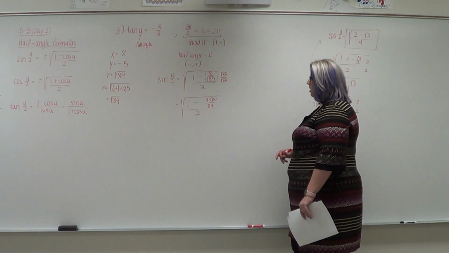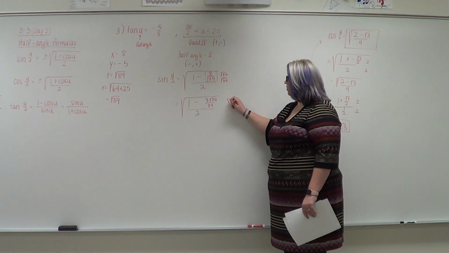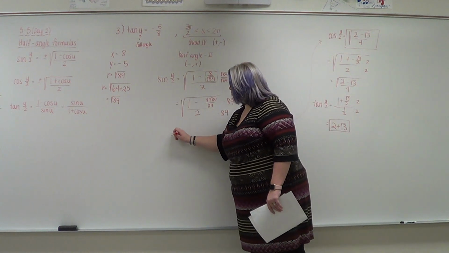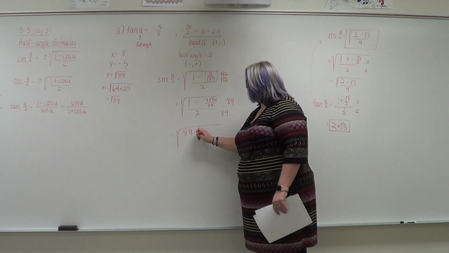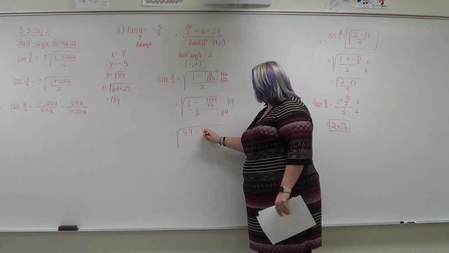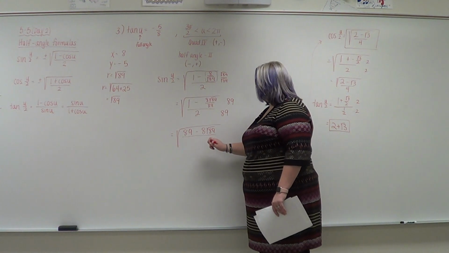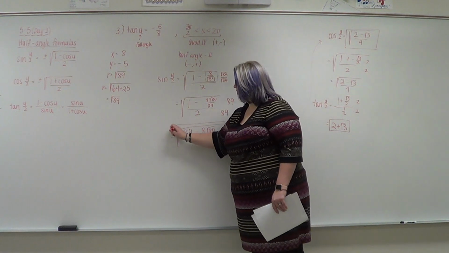So then what would I multiply by to get rid of the 89? So this would be the square root of 89 minus 8 square root of 89, divided by 178. That's sine.